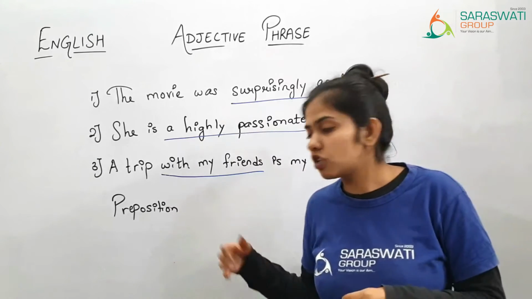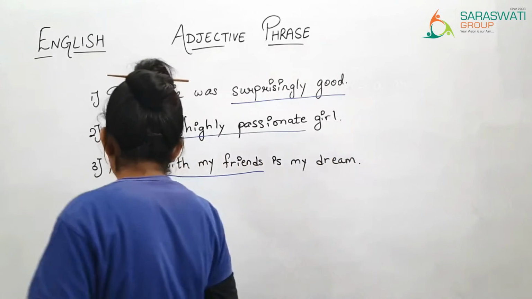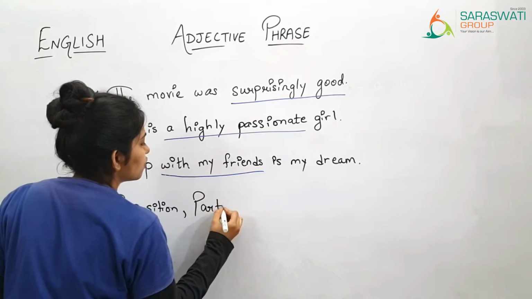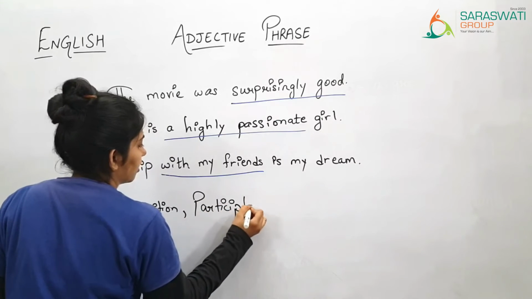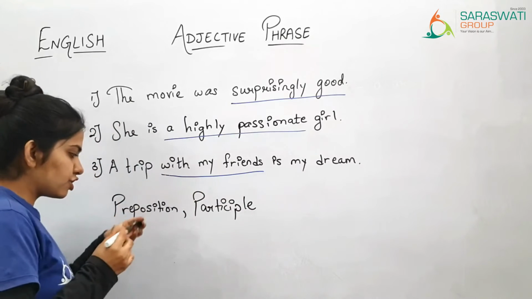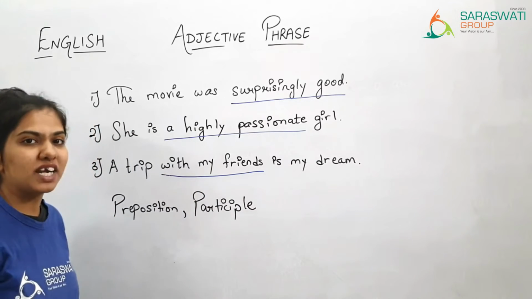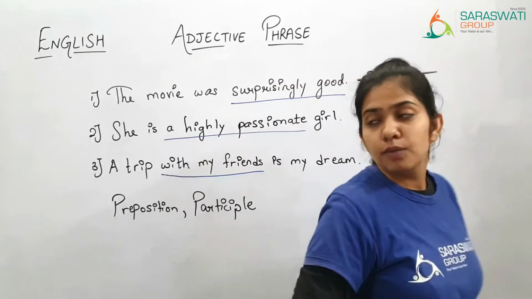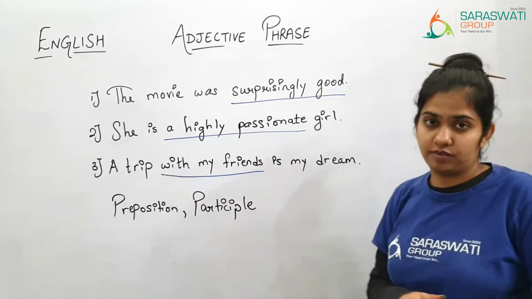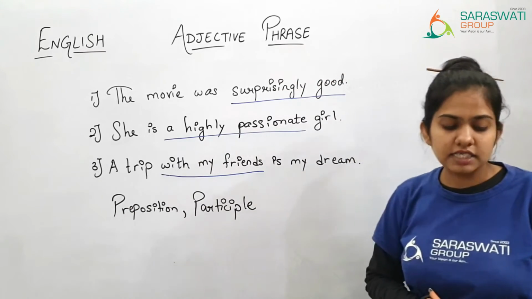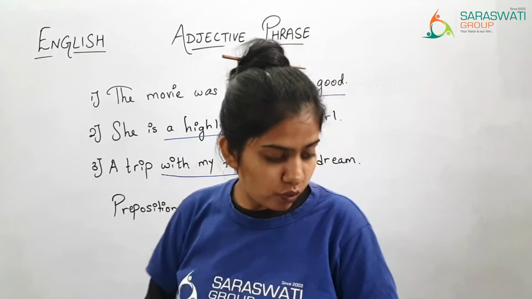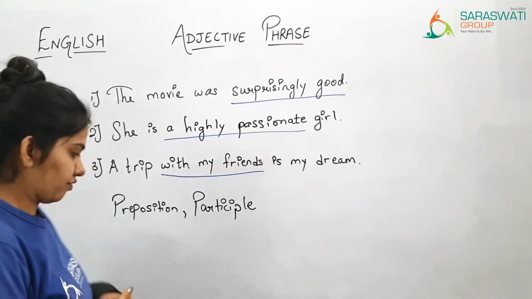And sometimes it also starts with participle. कई बार वो participle से भी शुरू होता है जैसे कि यहाँ पे preposition से शुरू हुआ वैसे ही वो participle से शुरू होता है. Now what is participle? ये participle क्या है? So participle is a word that is formed from a verb which works as an adjective.